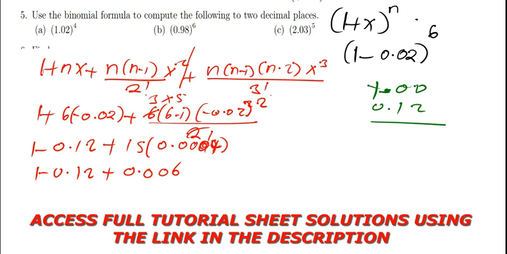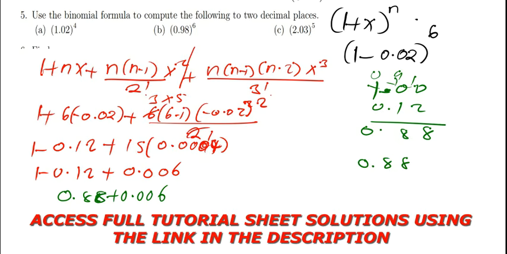So here there will be 0, 10, 9, then 1. 10 there, 8, then here 8, so it's 0.88. Now we've got 0.88 plus 0.006. So we're adding 0.88 plus 0.006. So that becomes 6, because here there's 0, 8, 8.0.